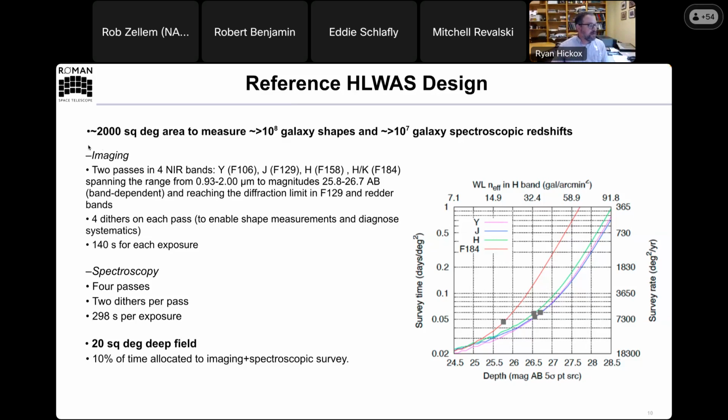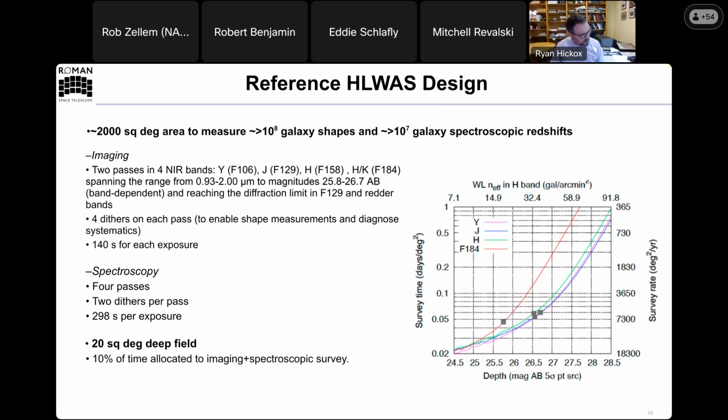So the design reference mission was primarily a wide area survey of around 2,000 square degrees, and the aim is to measure 100 million galaxy shapes at very high precision with space-based imaging, which is kind of amazing, and also get about 10 million galaxy spectroscopic redshifts.